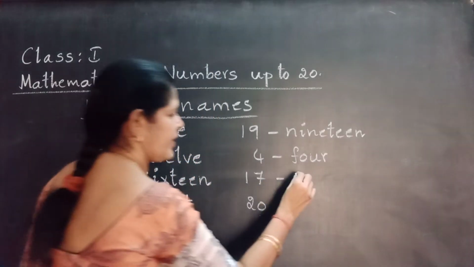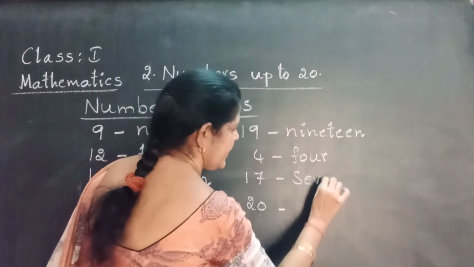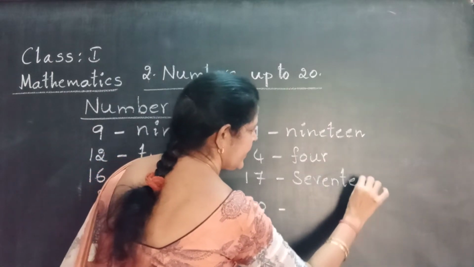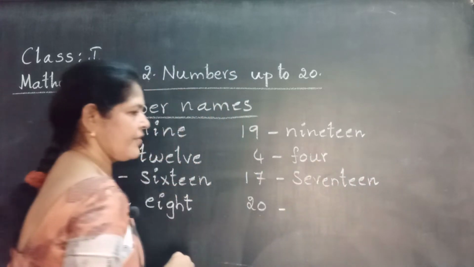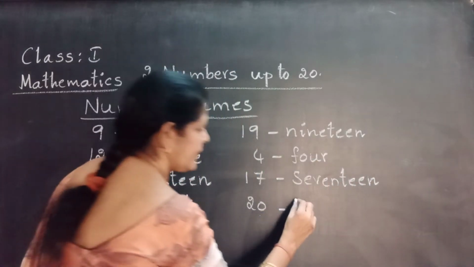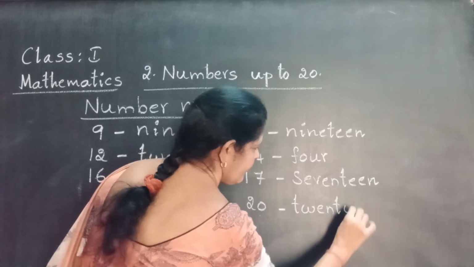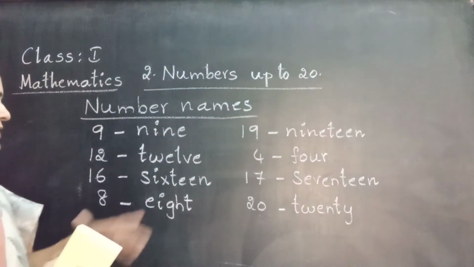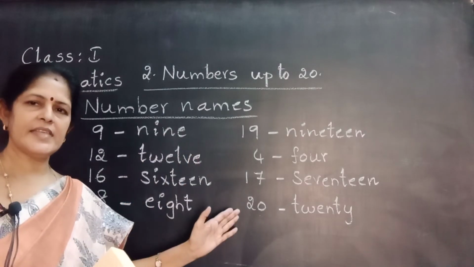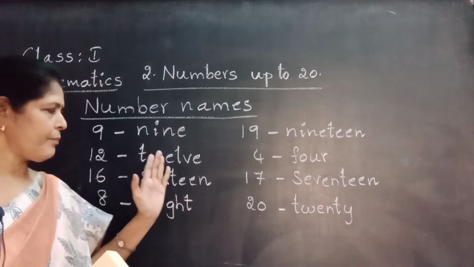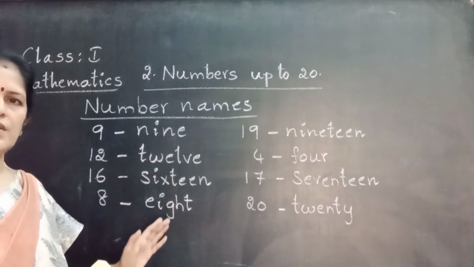Next, 17. S-E-V-E-N-T-E-E-N. 17. 20. T-W-E-N-T-Y. 20. One digit number names, two digit numbers number names. Number names means we write in words.